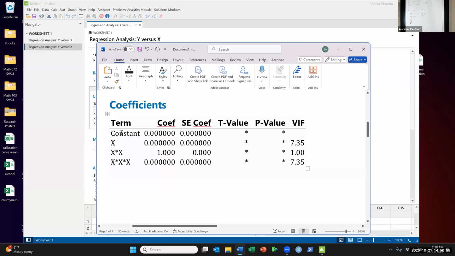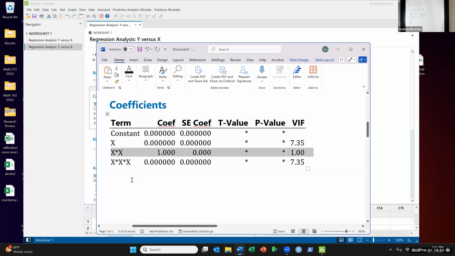And what this is telling me is that the constant, as far as we can tell, is equal to 0. If we're thinking about this in terms of a quadratic model, y equals ax squared plus bx plus c, this is telling me that the value for c is 0. The value for b, again in ax squared plus bx plus c, is also equal to 0.